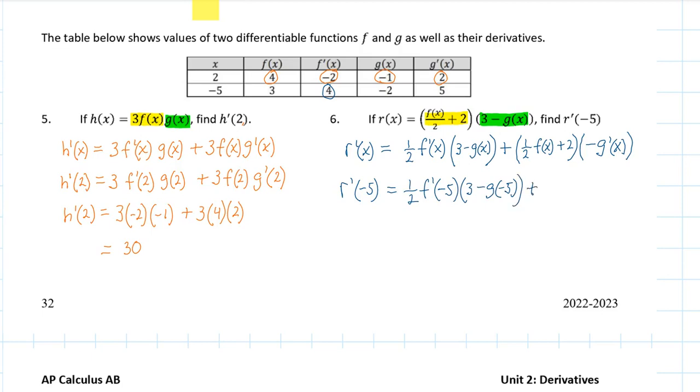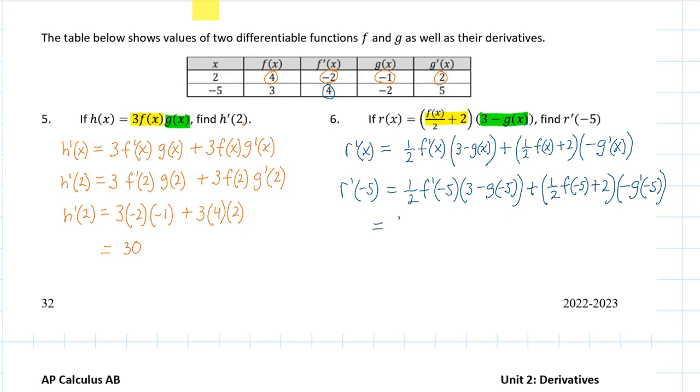So all I'm doing is plugging in negative 5. 1/2 times f of negative 5. Oops, no parentheses on there yet. Plus 2 times negative g prime of negative 5. How do you like all that? Okay, now let's plug it in and see what we get.